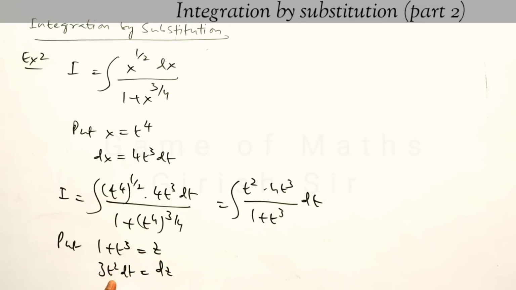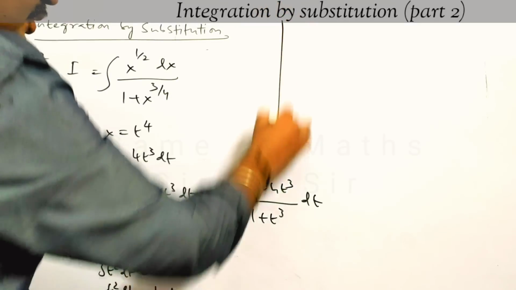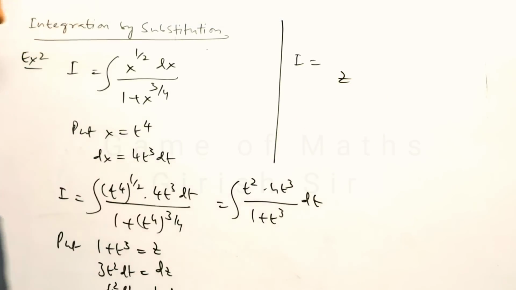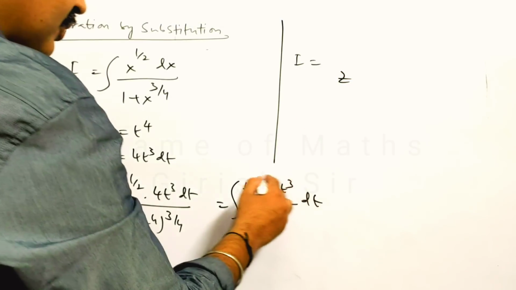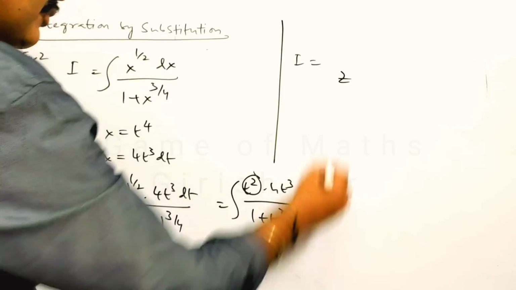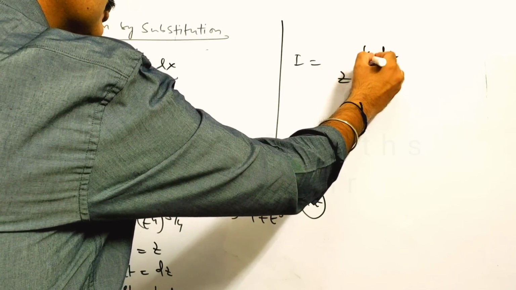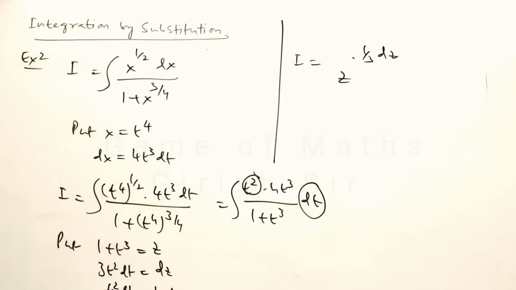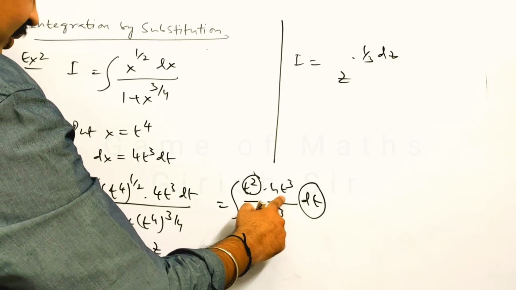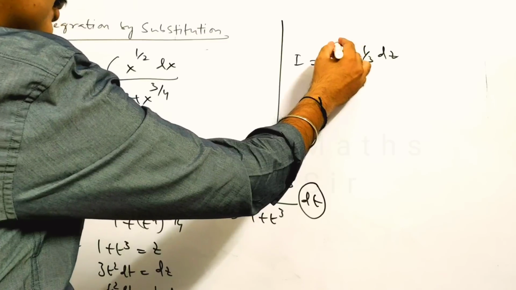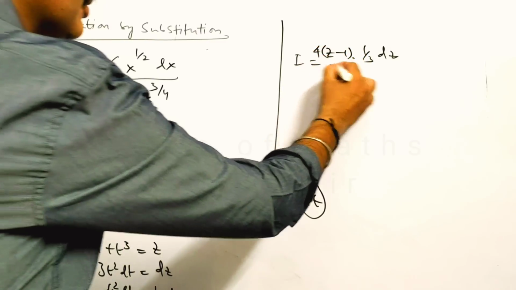which means, now if I make these substitutions, this integral should now become, we get z here, t square dt could be replaced with 1 by 3 dz, and this t cube could be written as z minus 1, and 4 stays as such.